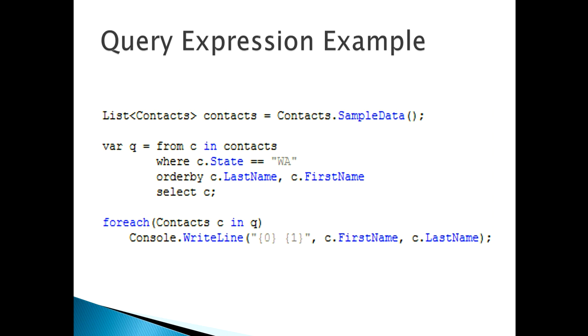Well, if that compares to WA, in other words, the state is Washington, forgive the American, but that's okay. Order by c.LastName, comma, c.FirstName. In other words, we're still referring to this placeholder variable, this c object, right, as we access its different properties, and then finally select c.